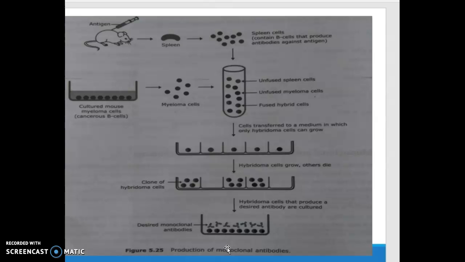However, normal cells survive in this medium as they are able to use the salvage pathway for nucleic acid synthesis. But if the cells are unable to produce the enzyme hypoxanthine guanine phosphoribosyl transferase, that is HGPRT, they are unable to utilize the salvage pathway and therefore die in aminopterin-containing medium.